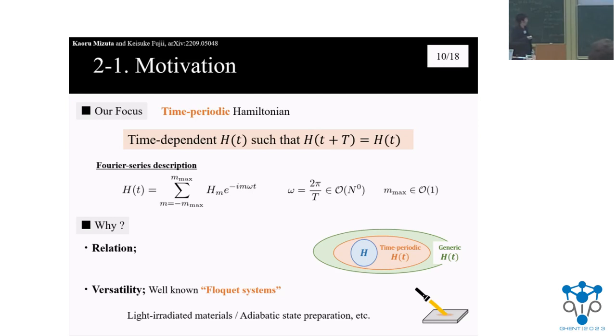Sorry, I do not know the details of this work, but I think that work requires the derivative of the Hamiltonian to vanish, right? The two derivatives, right? In our case, the second derivative of the Hamiltonian does not vanish, and in that case, our algorithm can outperform that one, right? Yeah. Okay, thanks.